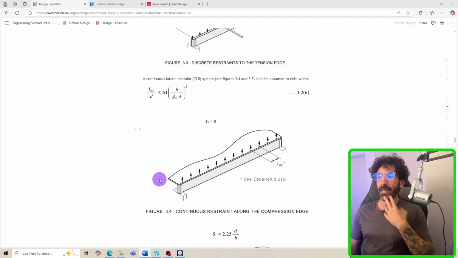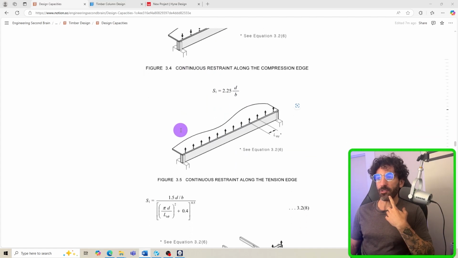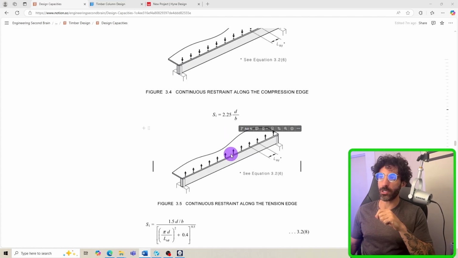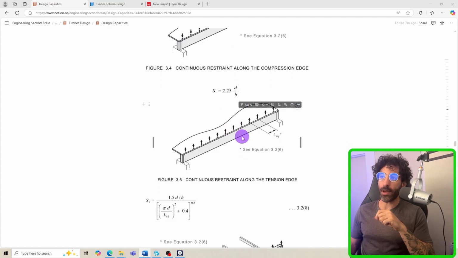If there is a continuous restraint along the compression edge, S1 equals 0. And if the continuous restraint is along the tension edge, S1 is equal to 2.25 times D divided by B. And this could be a case of a roof rafter subject to uplift wind forces, where the rafter doesn't have a ceiling, but it has a roof restraining the top edge of the rafter.